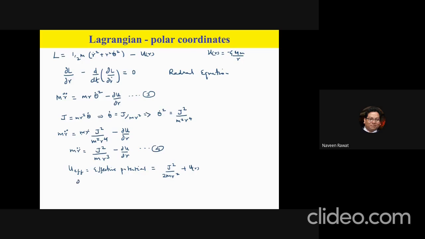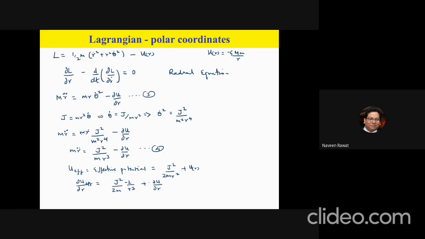If I take the derivative of this effective potential, my first term will become, so I will have a minus 2 because r is to the power minus 2 here and I'm taking the derivative, and then I will have r cube here. All right, and I will have the derivative of u with respect to r.